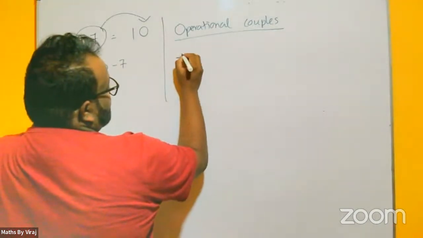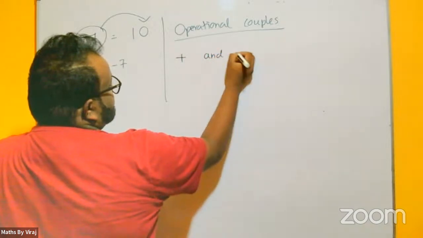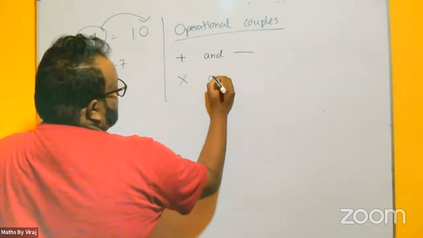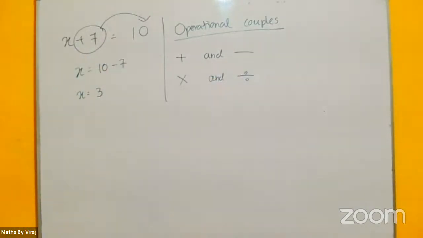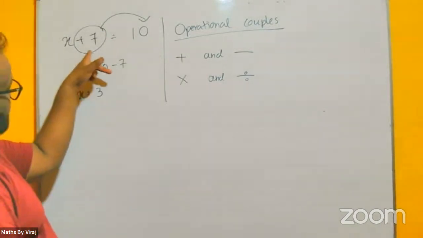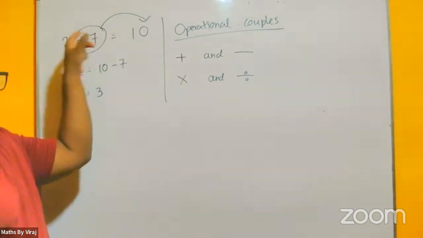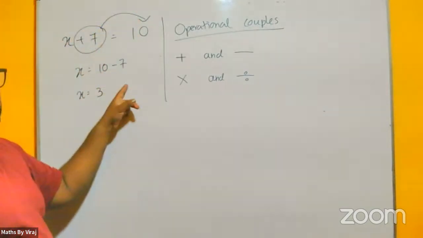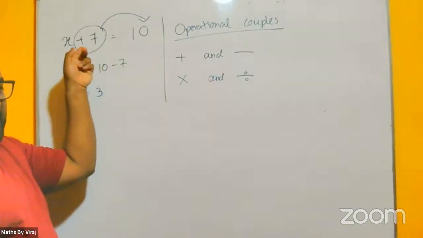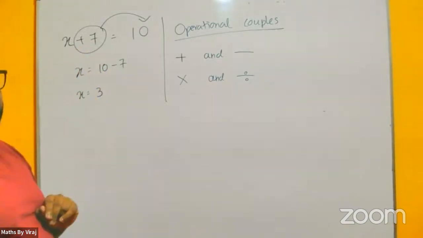We have addition and subtraction, multiplication and division. Here, x and 7 were added. So this plus 7, when it goes to the other side, becomes minus. That is, addition becomes subtraction.